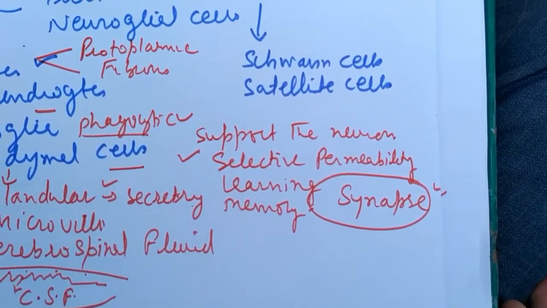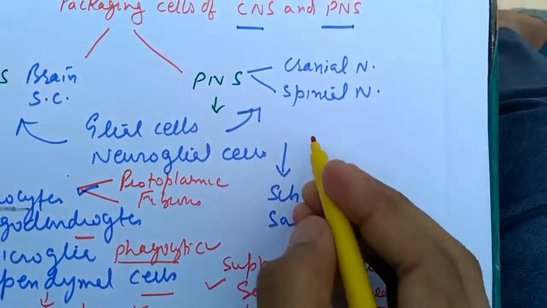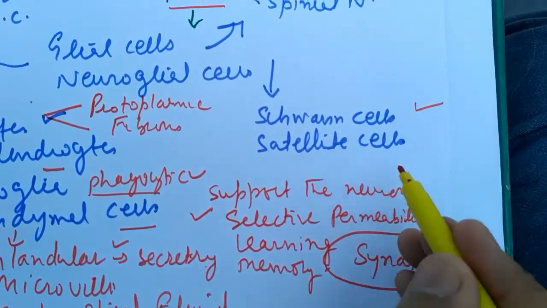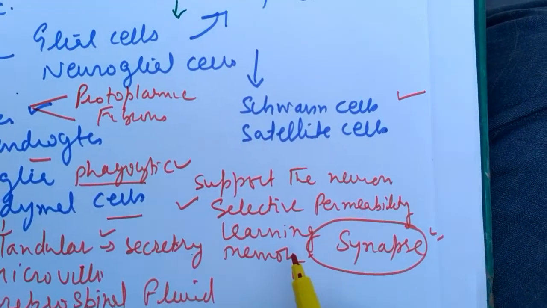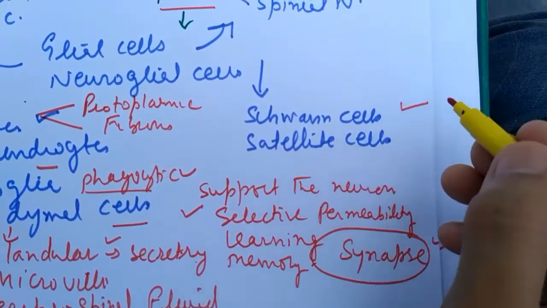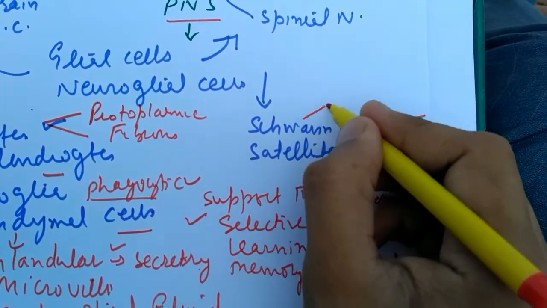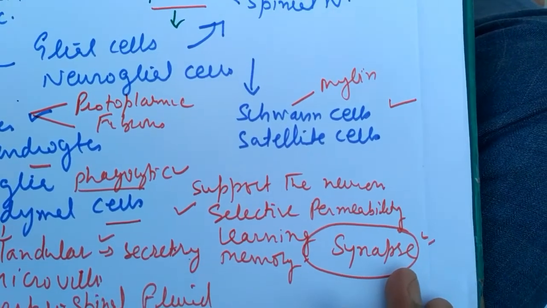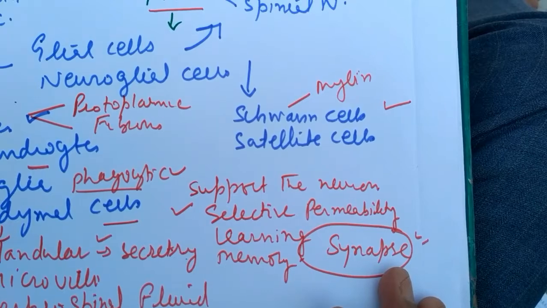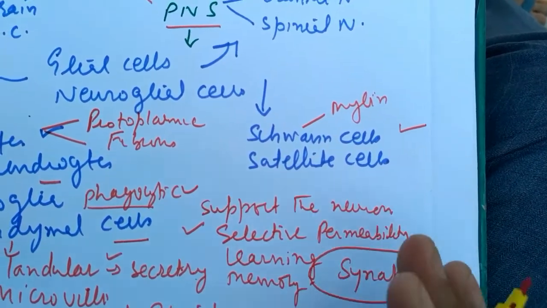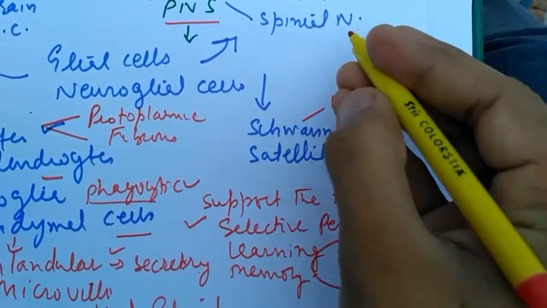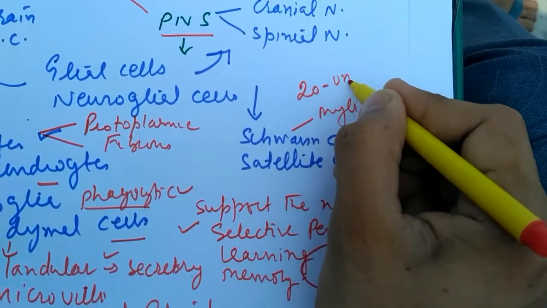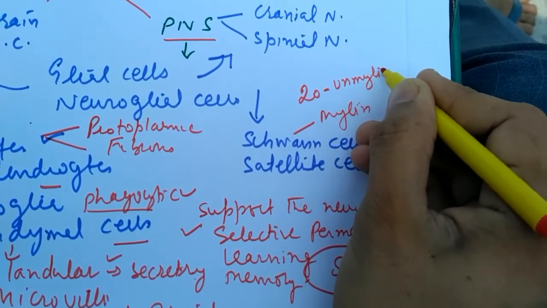The next type of cells are the packaging cells of the peripheral nervous system. First, the Schwann cells are also glandular. They help in laying the myelin sheath. A single Schwann cell can lay myelin sheath on 20 unmyelinated neurons.